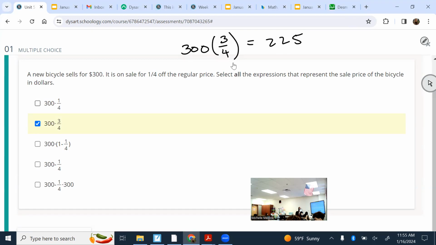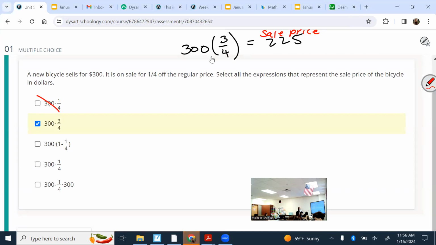So does timesing it by 1/4 give me the sale price? Okay, we got 1 vote for no. Okay, you're correct. It gives me the discount value, not the sale price. The sale price would be the 225. So don't pick this one, that says times 1/4.